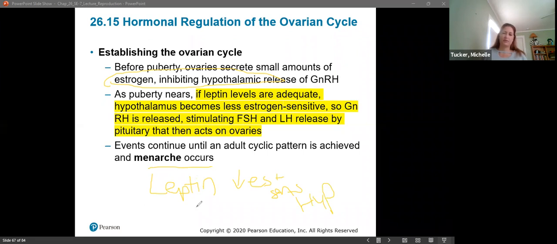Leptin is produced in direct relationship to the amount of adipose tissue. When a girl hits 100 pounds, she most likely, unless she is an elite gymnast athlete who's got tons and tons of muscle, so your average young female, when she reaches 100 pounds, usually has sufficient leptin production to initiate puberty.